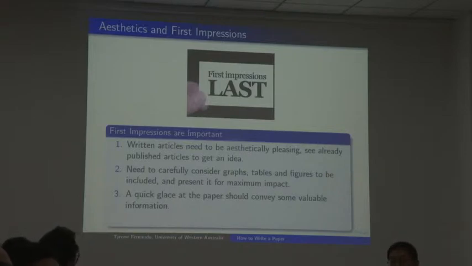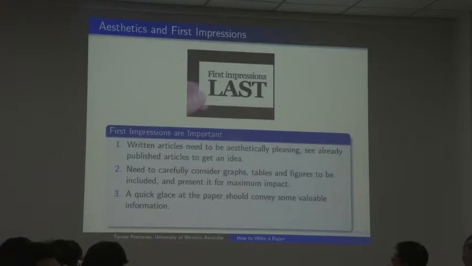So a reviewer might just look at the title, look at the abstract, read the conclusion, glance over the paper, see what sort of equations, tables, and figures are there, and a quick glance should actually convey some information. It shouldn't confuse the reader. A quick glance still should tell you what this paper is about.